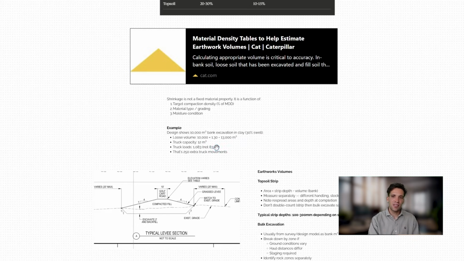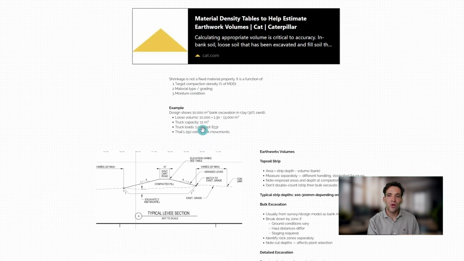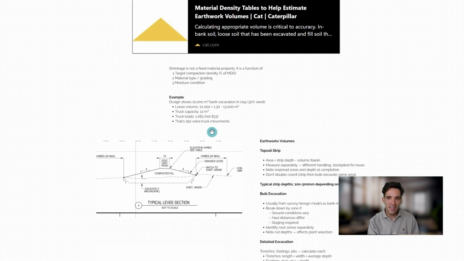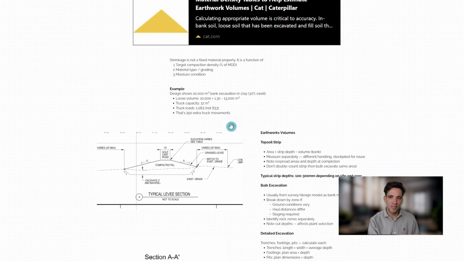It's the quantity you excavated multiplied by the swell factor. If a truck takes 12 meters cubed, and you work out the truckloads on the bank excavation, you would have calculated 833 truck movements. If you calculate it based on the loose volume, you've worked out 1,083. So there's actually 250 truck movements different, which obviously is going to be a huge cost on a project.